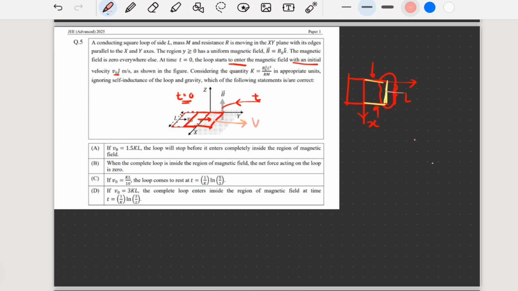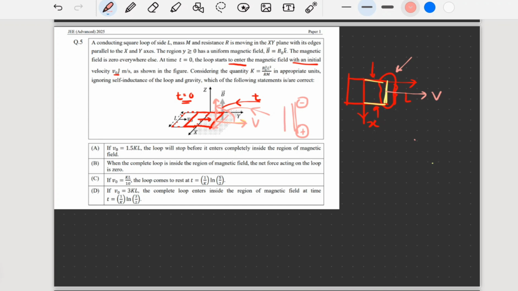At this position, if the velocity is V, then the magnetic field is upward. So if we do V cross B, the force direction becomes this one, but the electrons will move in the opposite direction. So this side of the rod will get negative, this side will get positive, and ultimately the current will flow in the opposite direction of the electron flow.